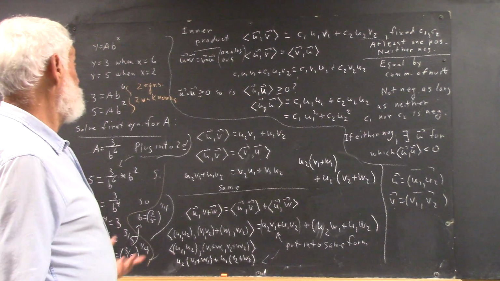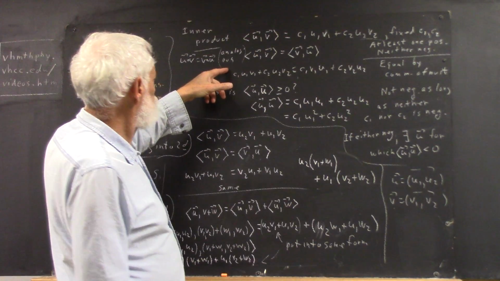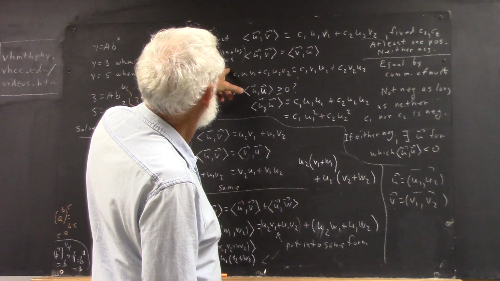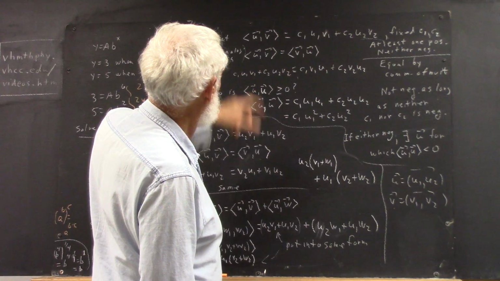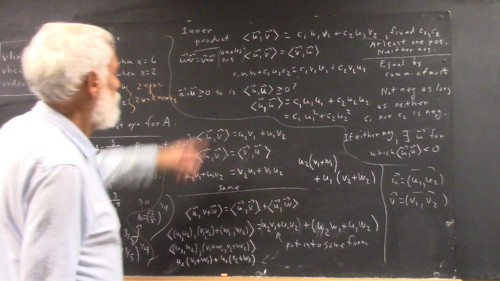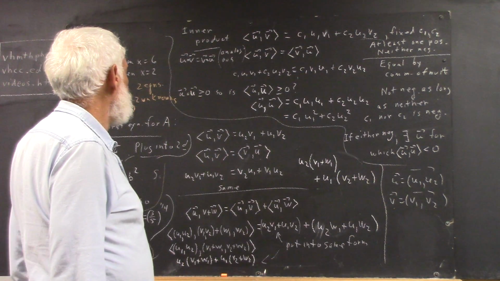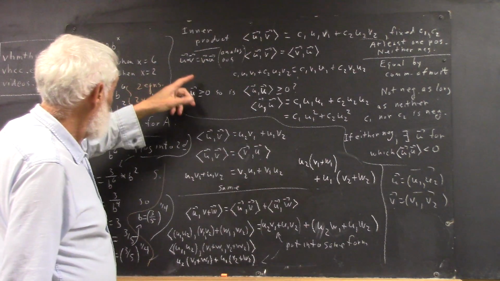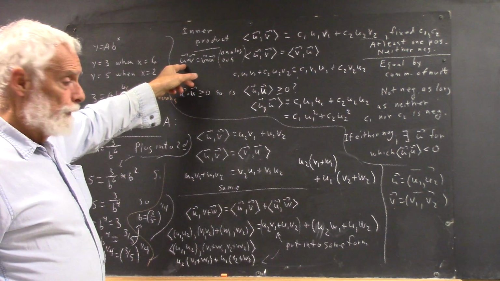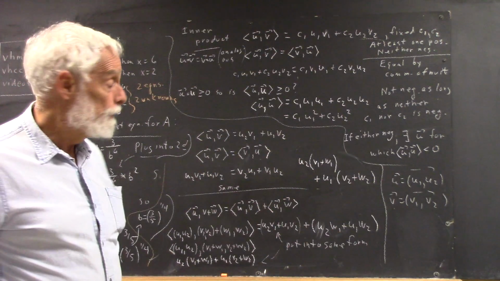Okay, so U dot V equals V dot U, one of the fundamental properties of the dot product.